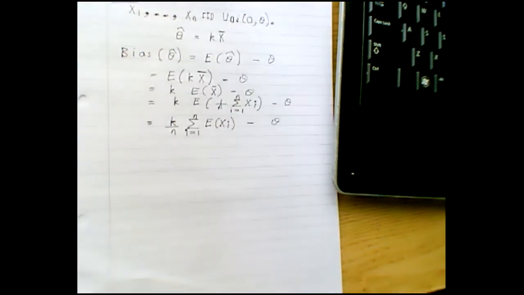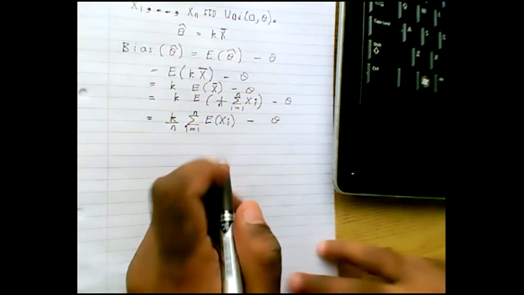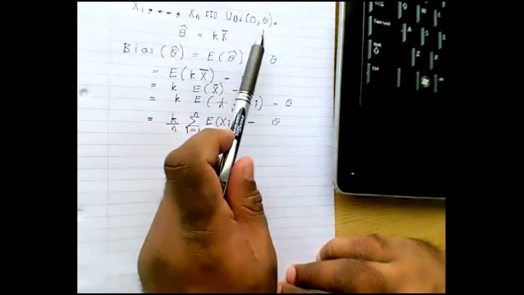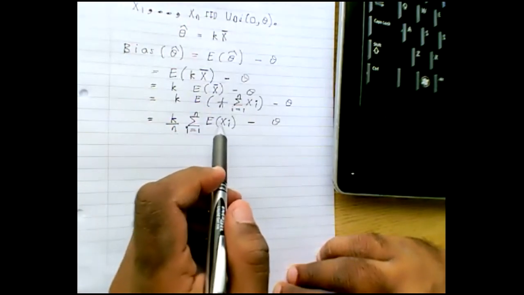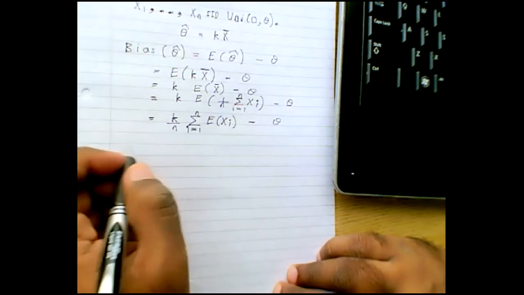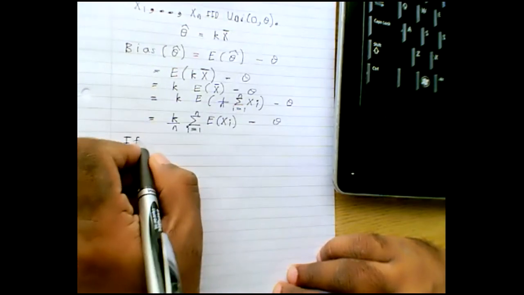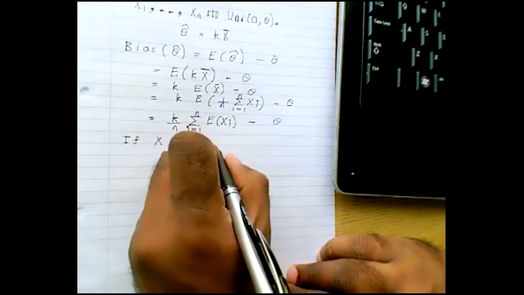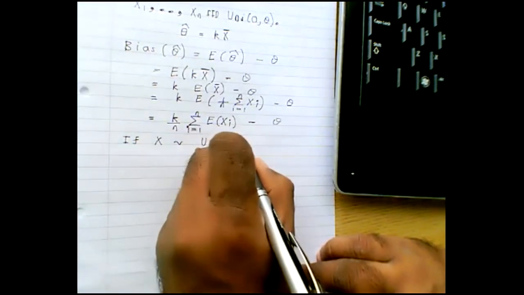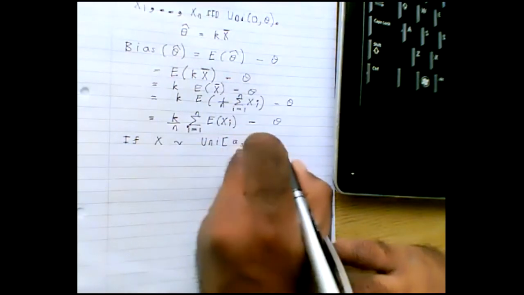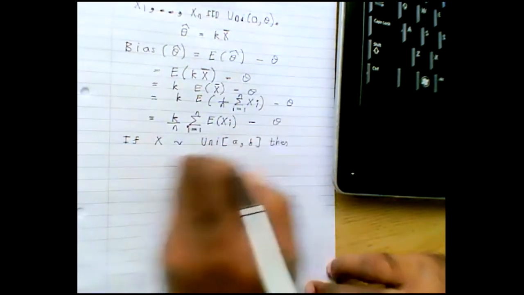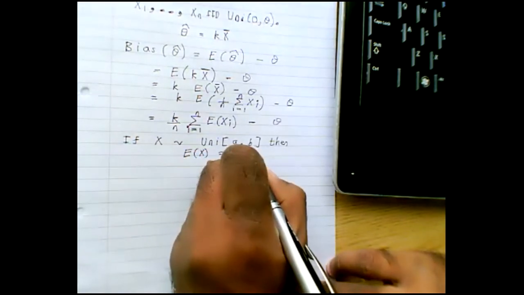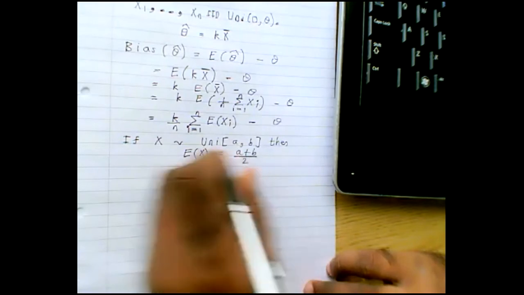Now, do you guys remember xi has this distribution, uniform 0 theta? Do you remember the expected value? If you don't remember, let me show you. If you have a variable x that is uniformly distributed on the interval from a to b, then the expected value of x is a plus b divided by 2.